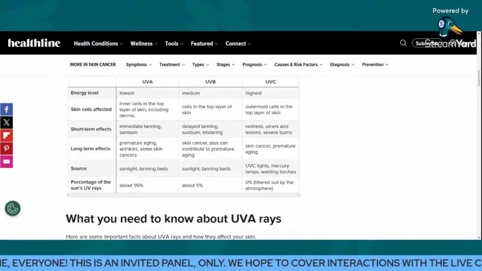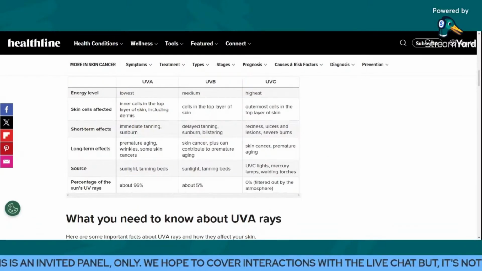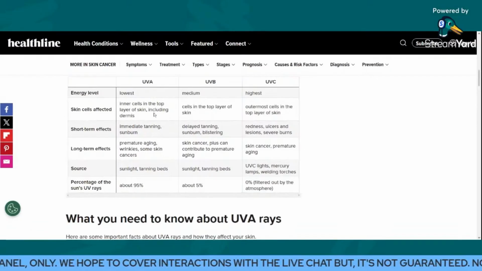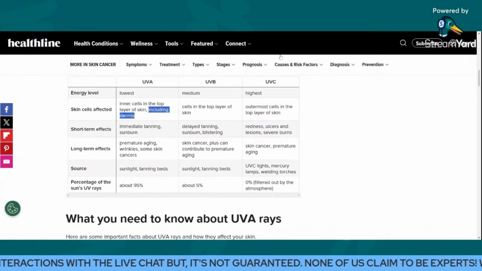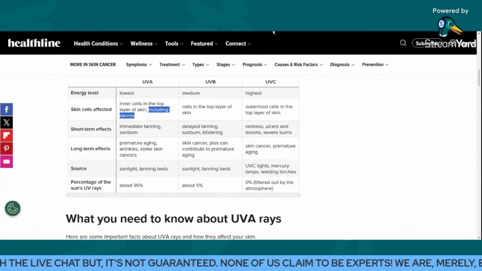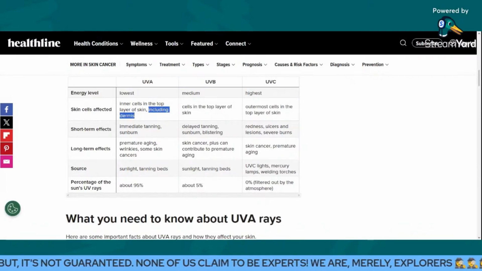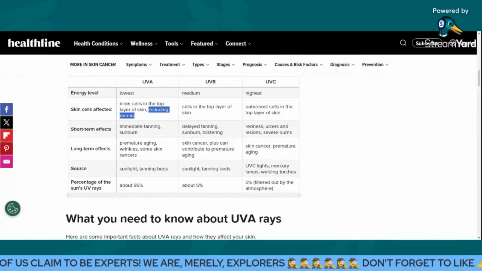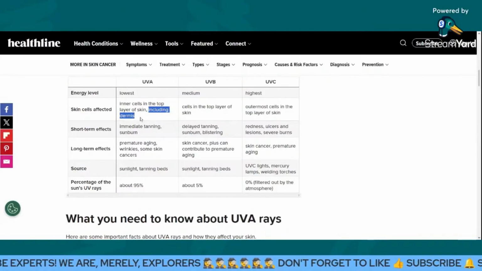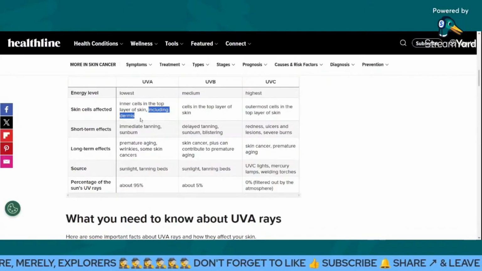You know the bit with the dermis, when it said skin cells affected, including the dermis? Yes. I was thinking with skin, isn't it like you have the epidermis, and then the dermis, and I think the end bit is the hypodermis. Well, I think we should look at that, because when I read dermis, I thought, all right, what does this mean?